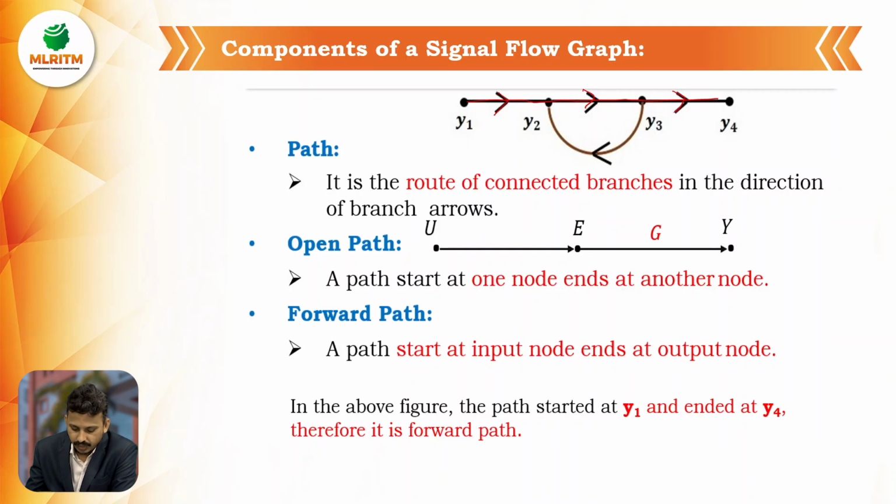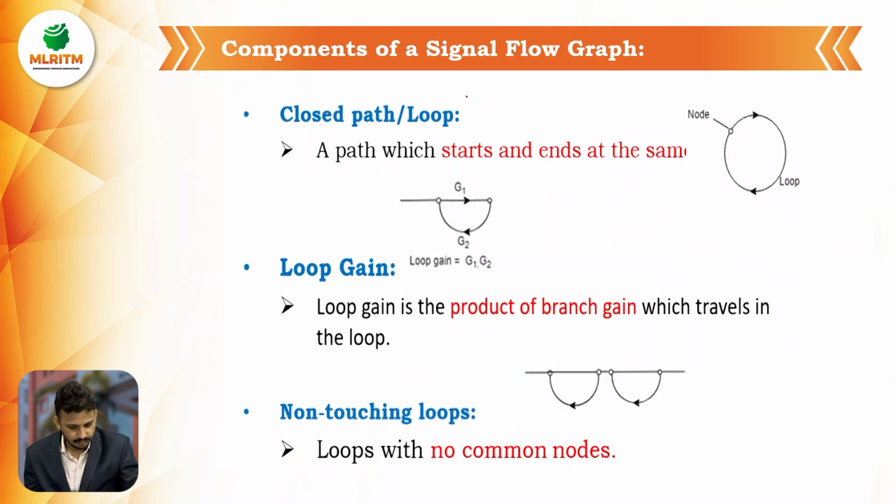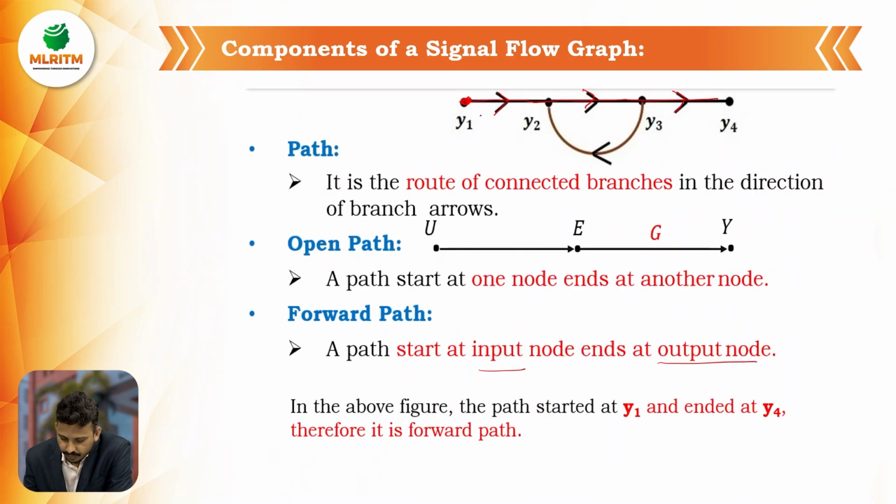Next, forward path: a path that starts at the input node and ends at the output node. In this example, this is the starting node, and the signal is traveling from the input node to the output node through a path in the arrow direction.